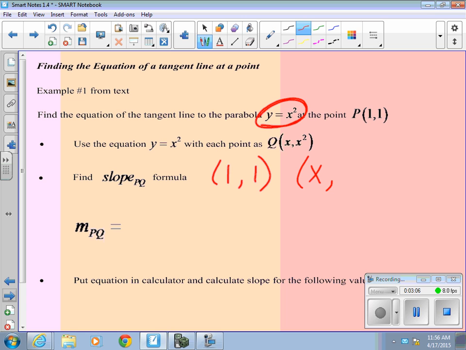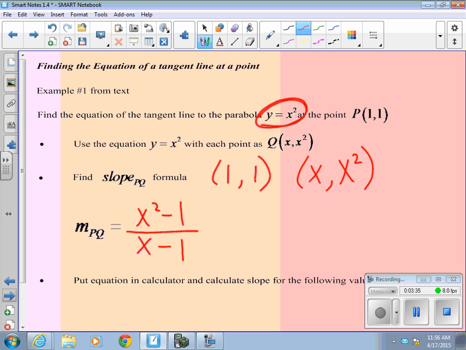Our y is x squared, which means the relationship between x and y is going to be x and x squared. So, we think about these as two points on our curve, one we know and one we don't know, but we're going to make really close. Our slope would be x squared minus 1 divided by x minus 1.